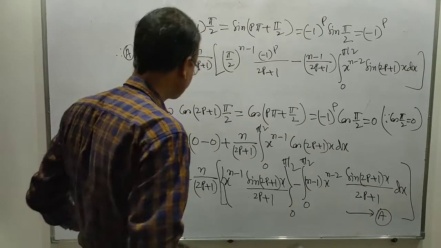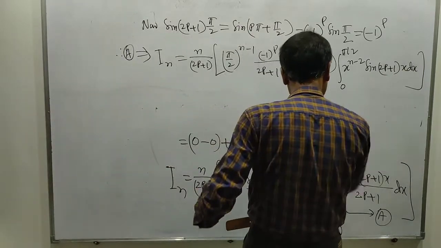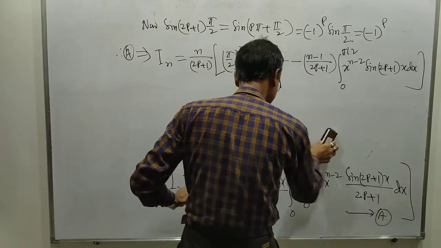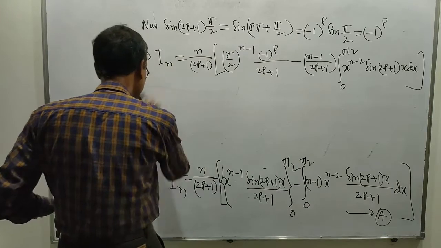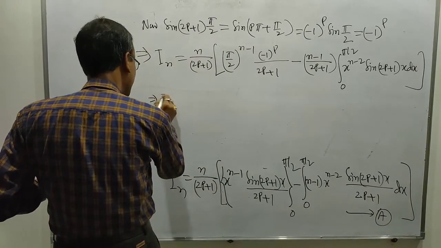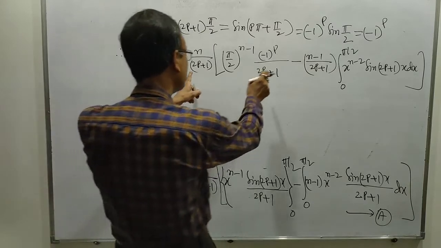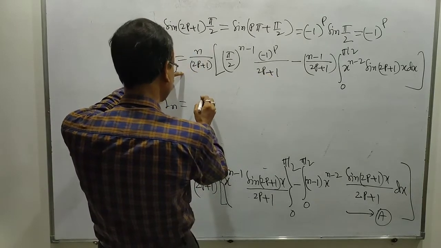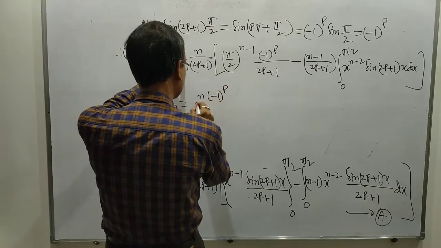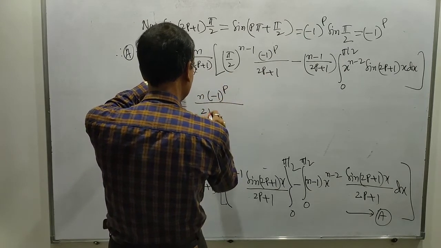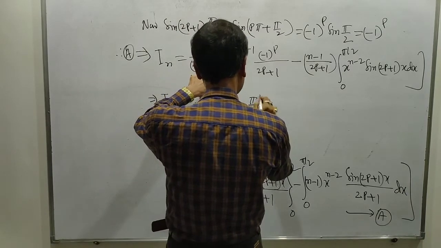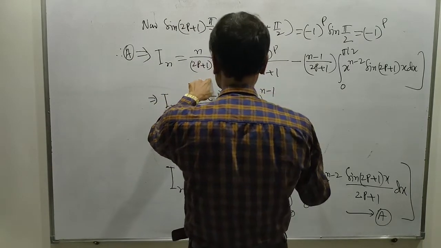Now, this means I n equals this into this. You may write here n into minus 1 whole to the power p, twice p plus 1 whole square, pi by 2 whole to the power n minus 1.